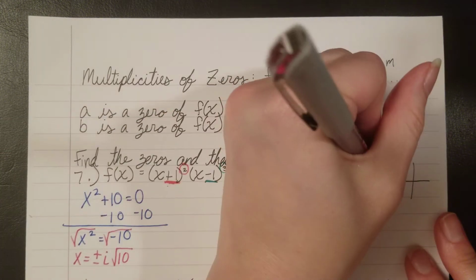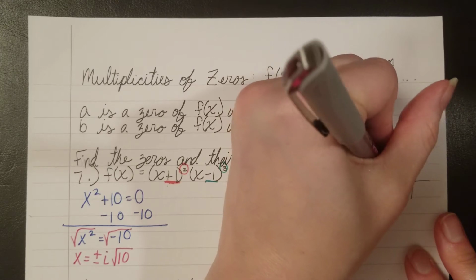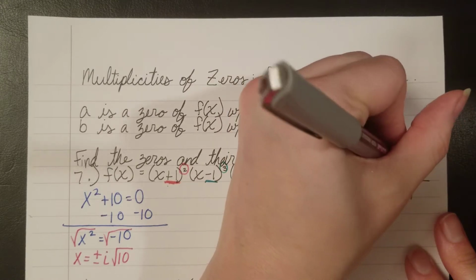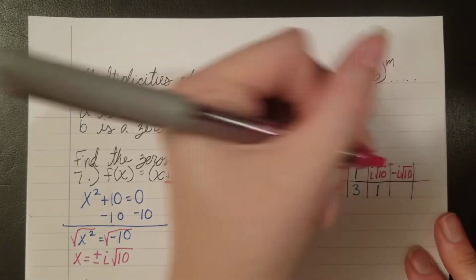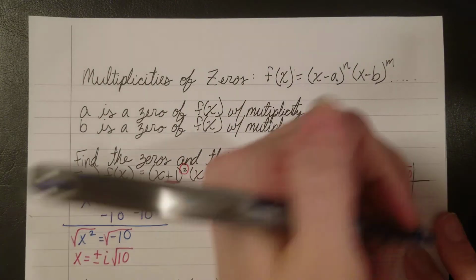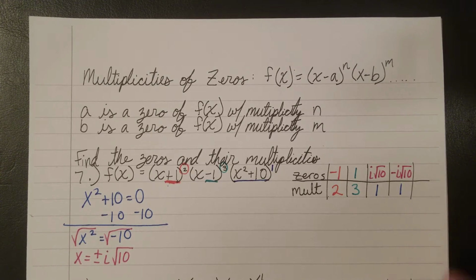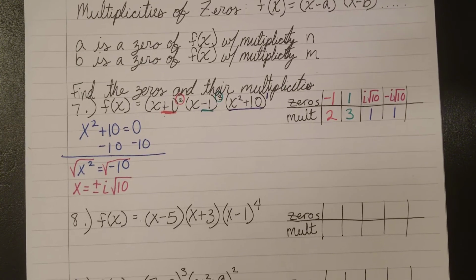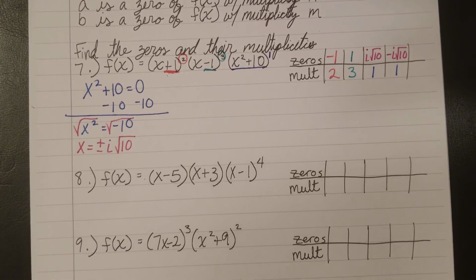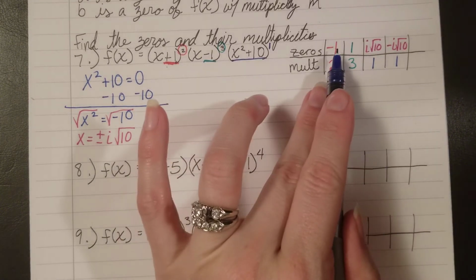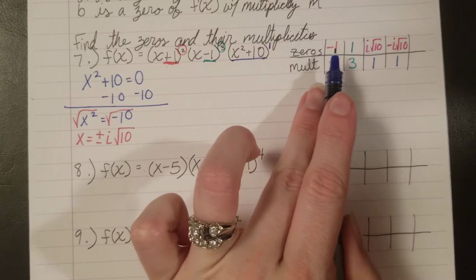So that's going to be i square root of 10 and also negative i square root of 10, and those are both going to have a multiplicity of 1. So those are obviously imaginary, but they're still zeros of the function. You wouldn't be able to graph them on the graph because the real zeros are the x-intercepts.